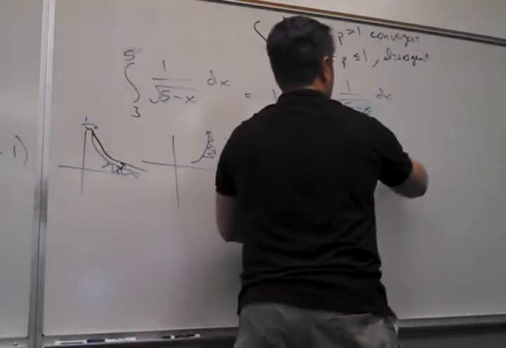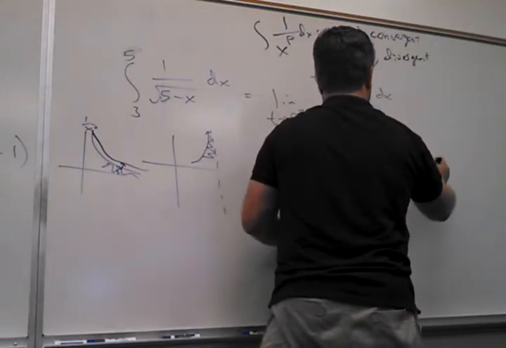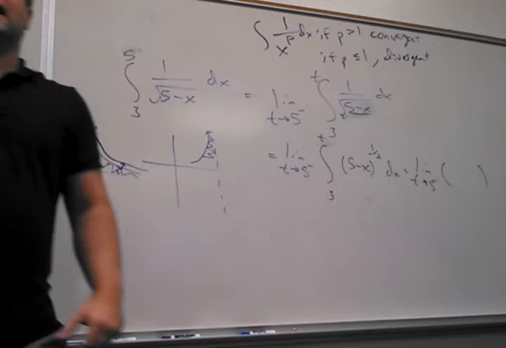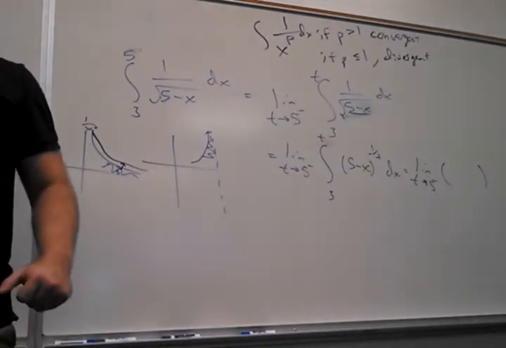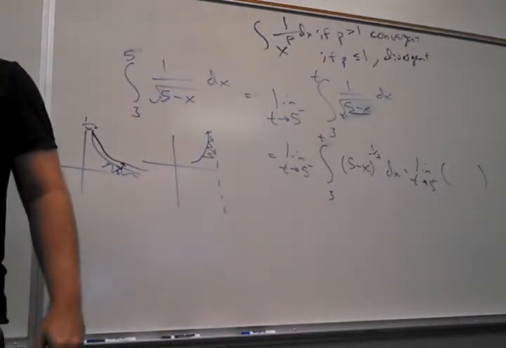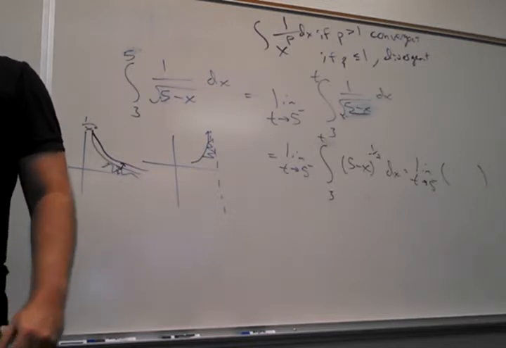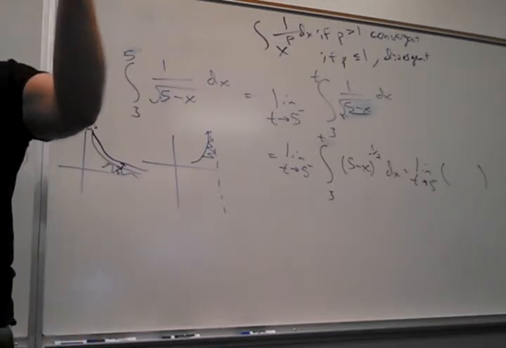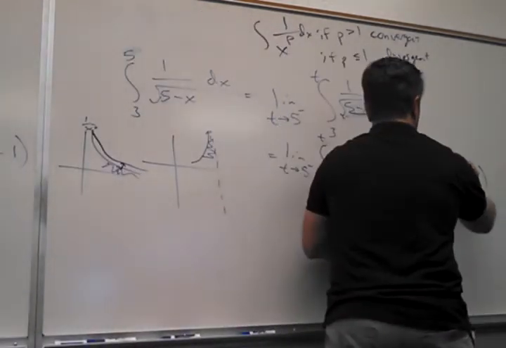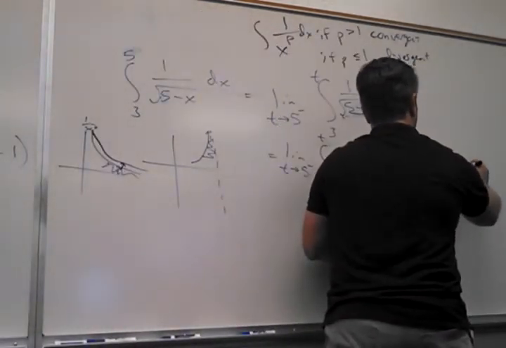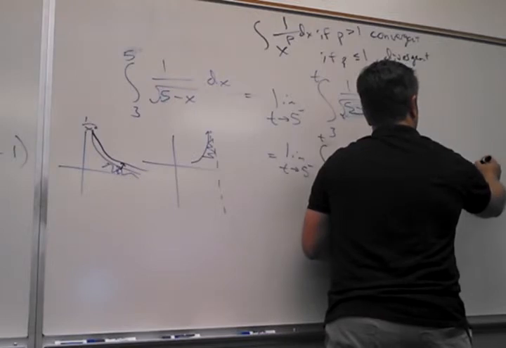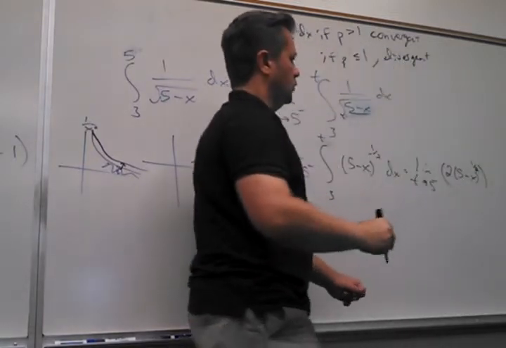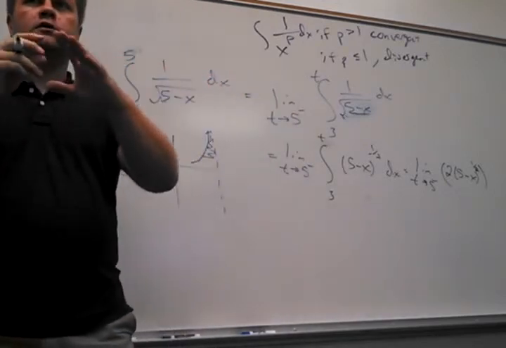What's the integral of something to the negative 1/2? How do you integrate x to the negative 1/2? Add 1, so it's x to the 1/2 divided by 1/2, or multiplied by the reciprocal, so it's 2x to the 1/2. There's one little thing wrong with what I'm about to write down. What's the one little thing I didn't take into account? Negative.